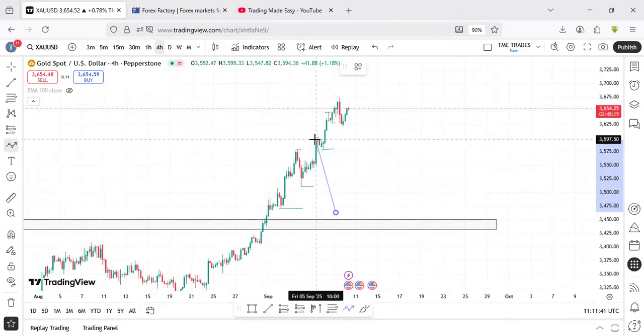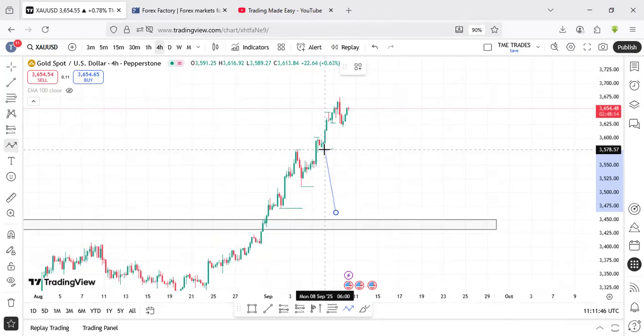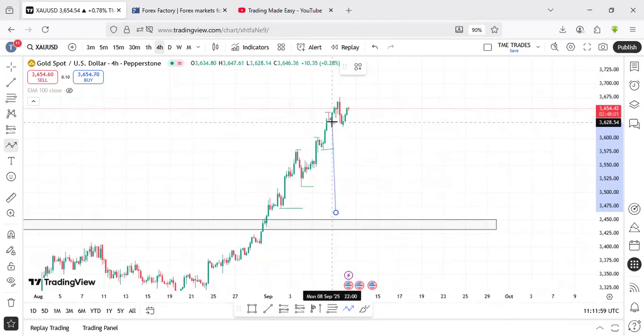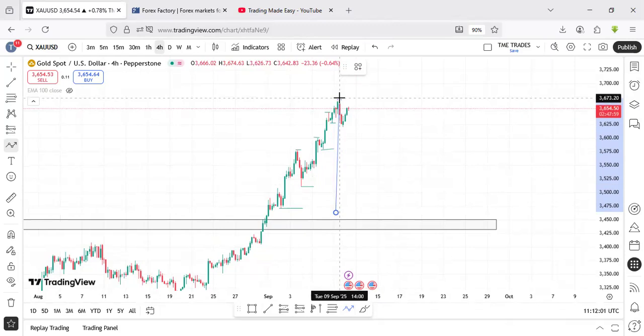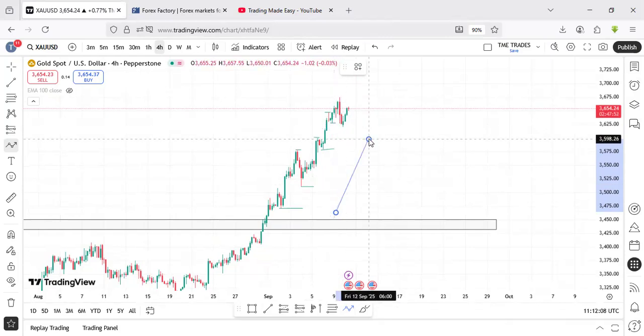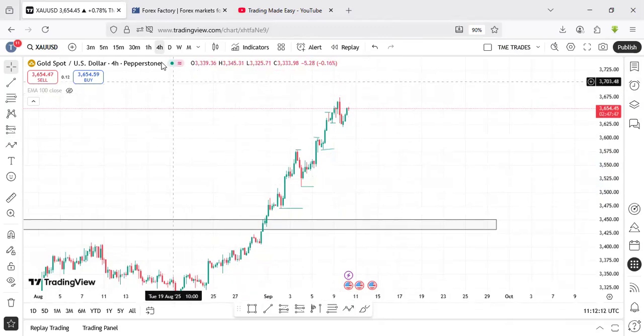This low created this high, then created this low, which didn't go below the previous low. And this low created this high. And what do we see? This high has gone below this low, showing us that we should be expecting a change of trend.